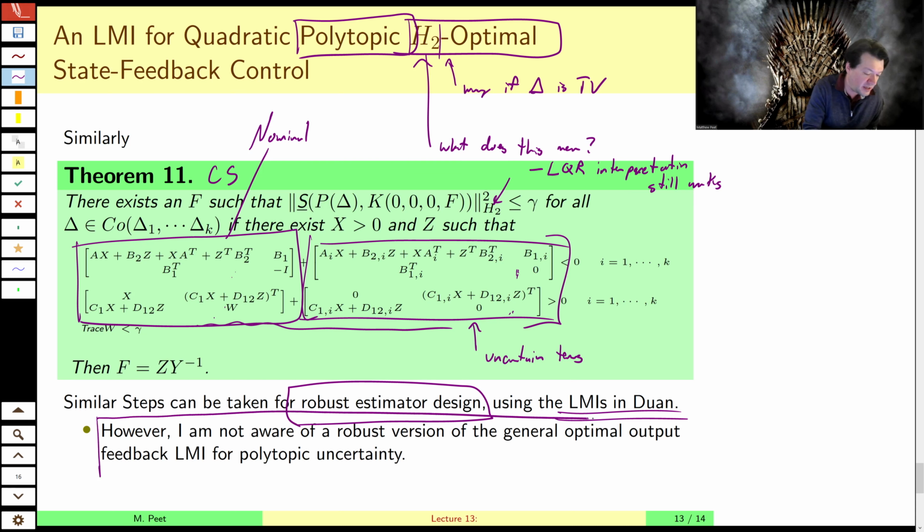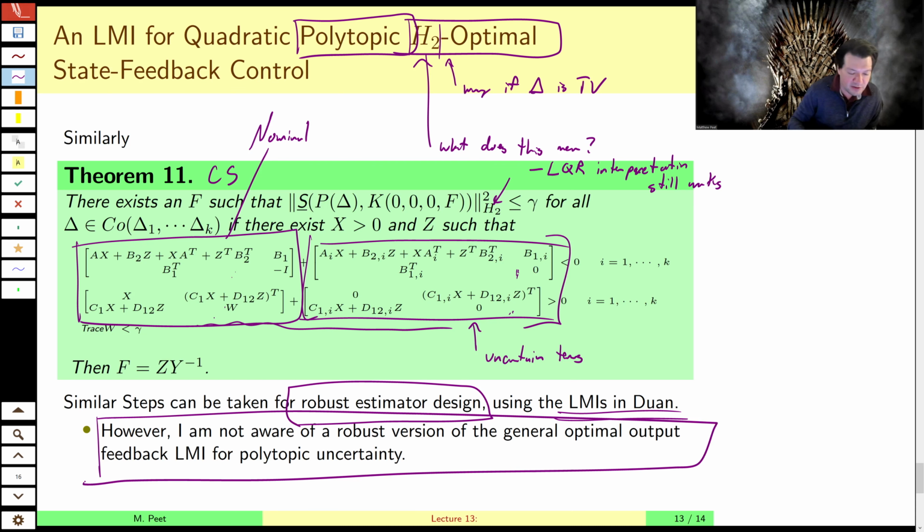However, unlike the optimal control case for H infinity and H2, where we were able to design an LMI for full state feedback control, the LMI in this case does not extend in a straightforward manner, I believe, to the full state dynamic output feedback case.